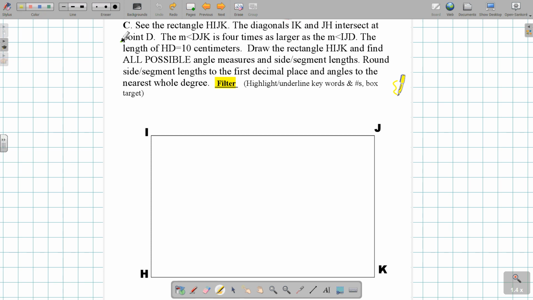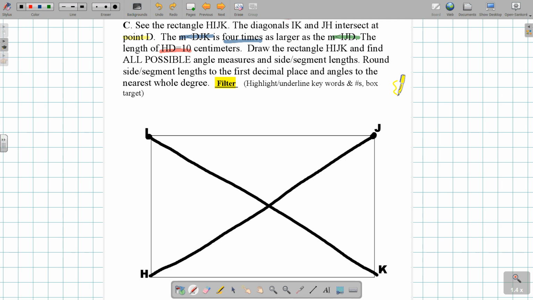We have two diagonals that need a second one. DJK is 4 times as big as IJD. And the length of HD is 10 centimeters. As you label, go ahead and cross it out. Those intersect at point D. I took care of that information so you can cross it out.